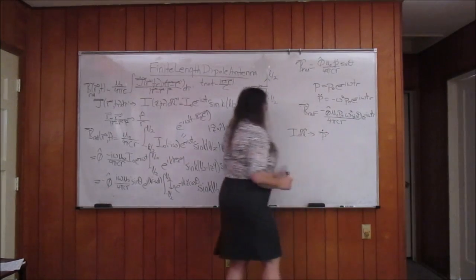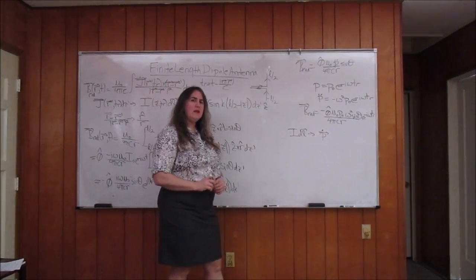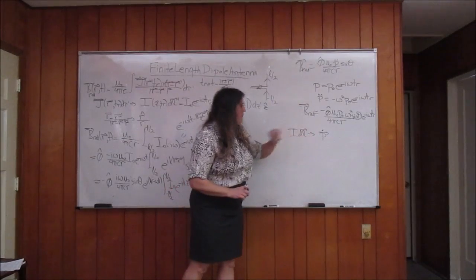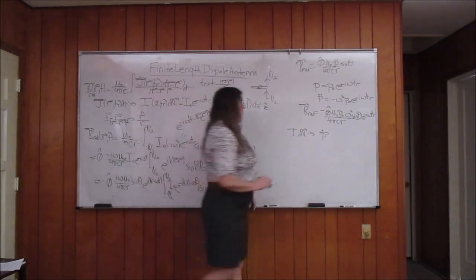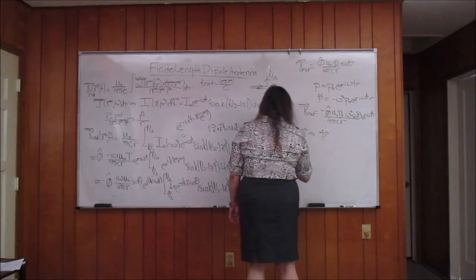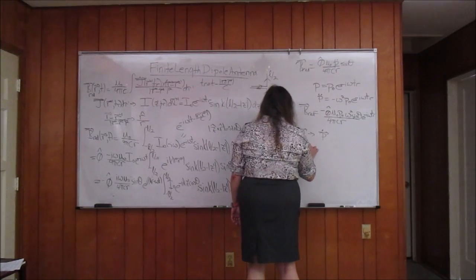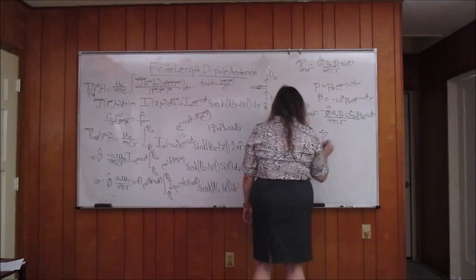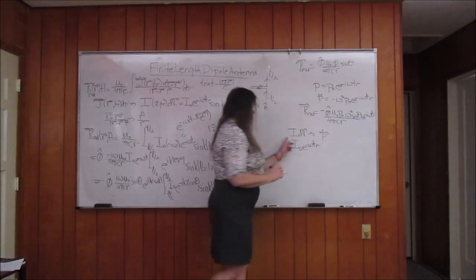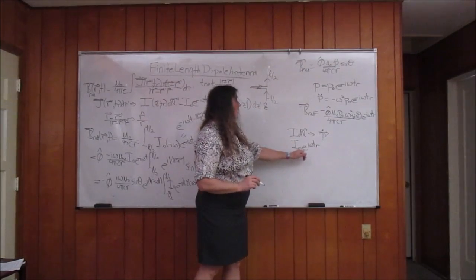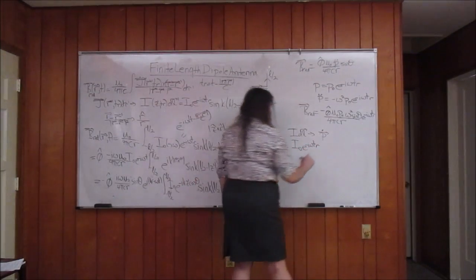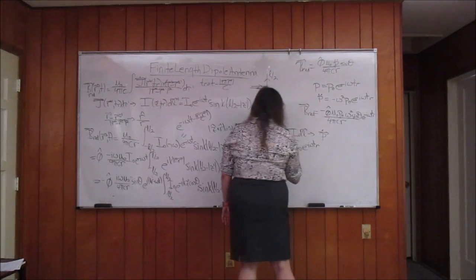he said, well, we can rewrite our current as a time derivative of the dipole moment. So go ahead and substitute in what I was equal to, I naught e to the minus i omega t sub r, and that's going to be pointing in the z direction.